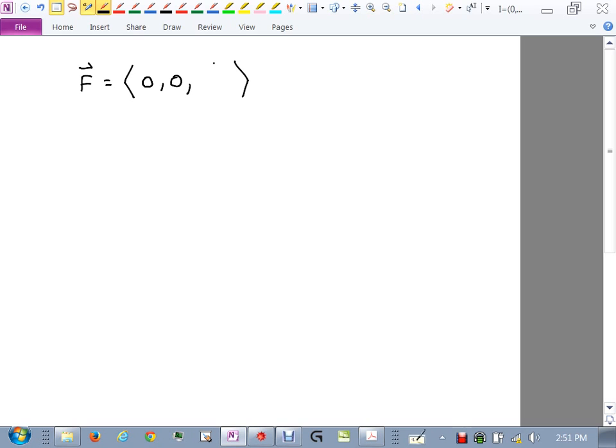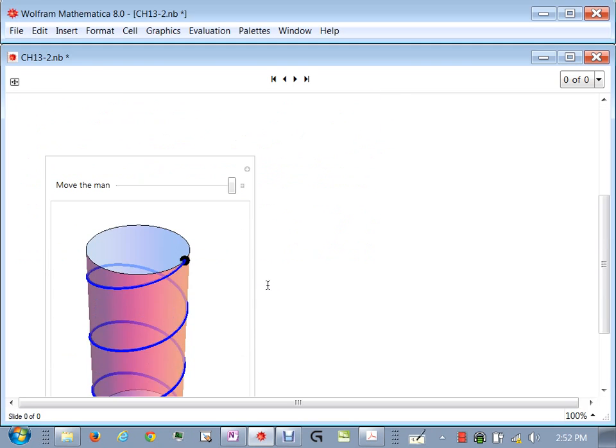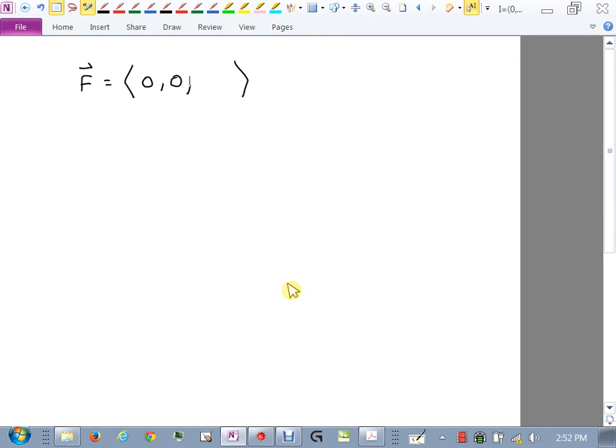Whatever his weight is, and he's carrying something. What did I say? He's carrying a 20-pound tool bag with him. So it's 200 pounds, right? What's the sense of him walking up this thing if he's not going to go do something up there? Or he could just be going up to jump off, to commit suicide. Compute the last amount of work he ever did against gravity.